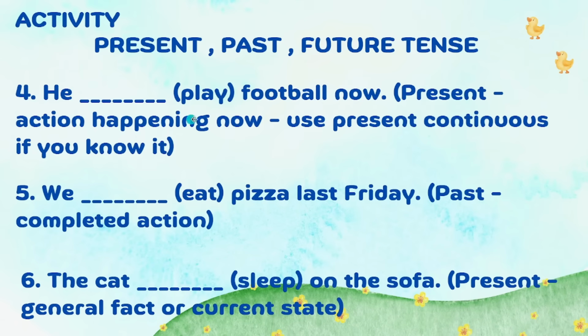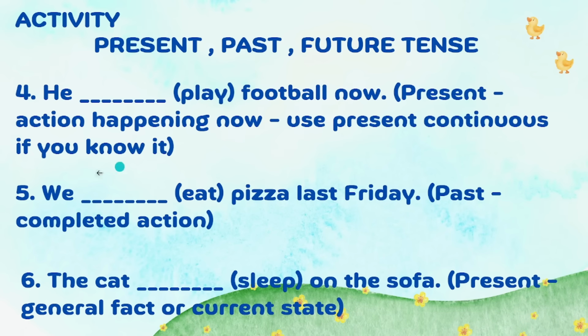He, so, present, so we will use is, okay, for present. But since it says present continuous, what we are going to do here is we will add ing for the verb play. So we are going to use he is playing football now.